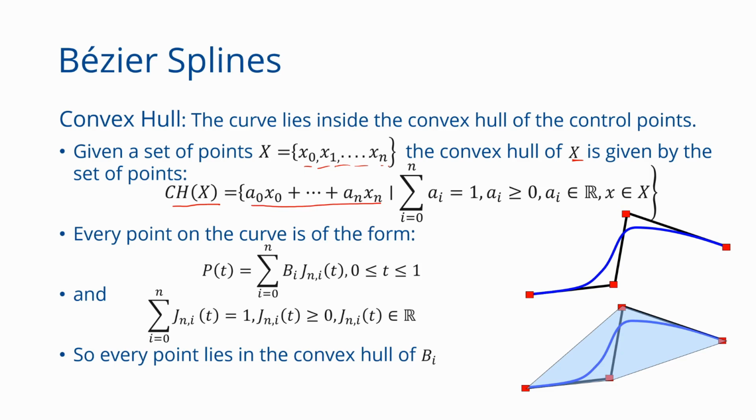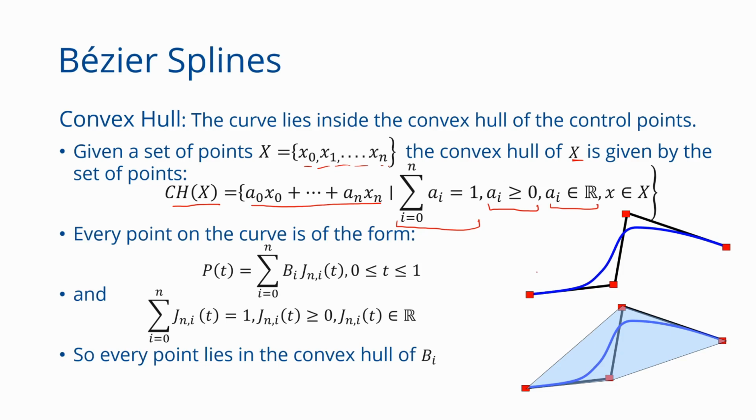And what is a convex combination of x0 to xn? It is this sum a0 x0 plus dot dot dot an xn such that all the a's add up to 1, all the a's are non-negative, and all the a's are real.